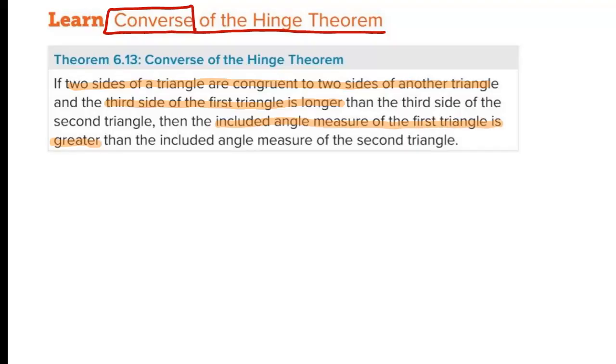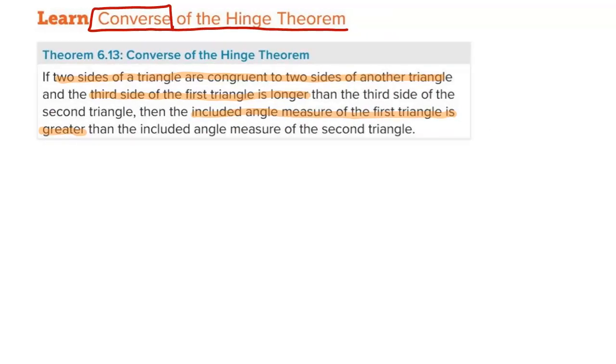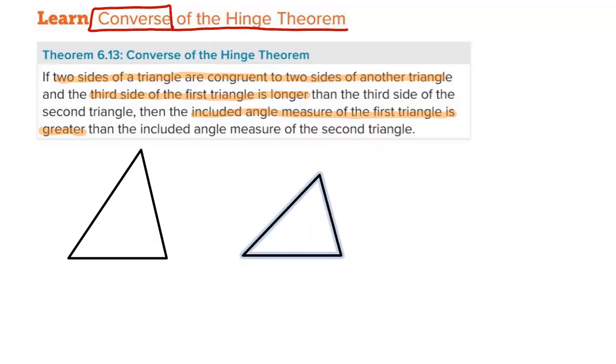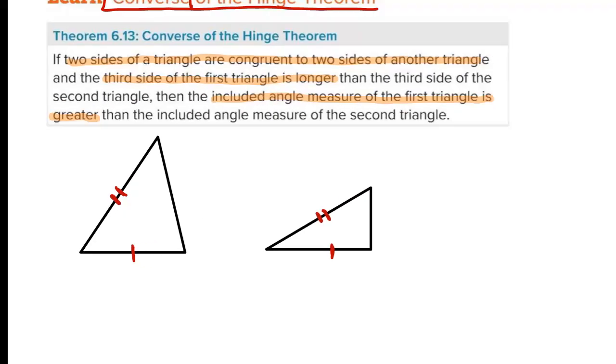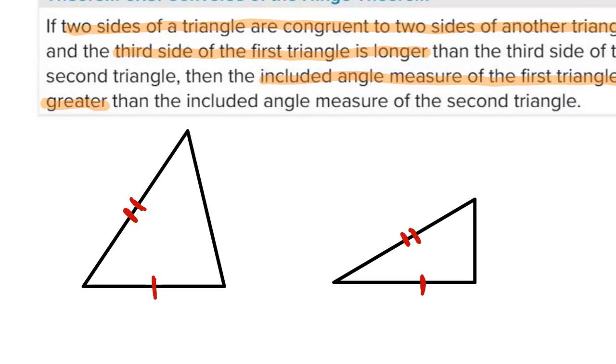Let's draw a quick picture to illustrate this. All right, so there's one of my triangles. And there's my other triangle. All right, so the bottoms are congruent. And then these sides are congruent. We're going to pretend that this is 15 and this is 8.